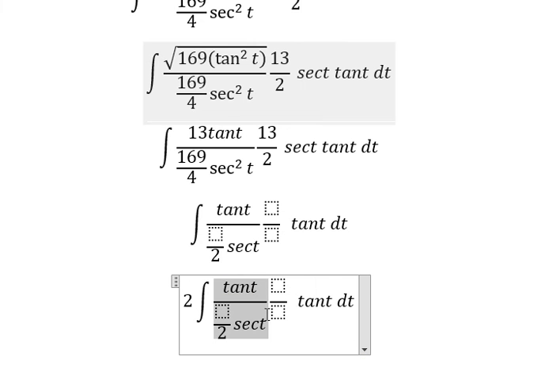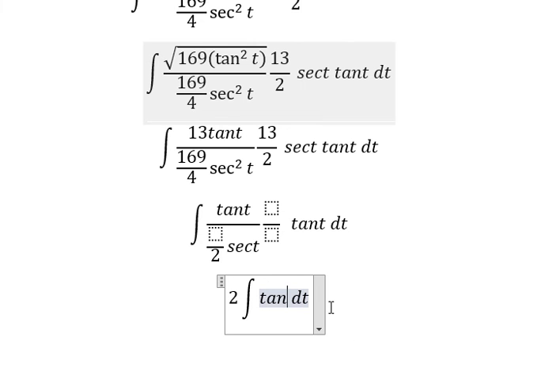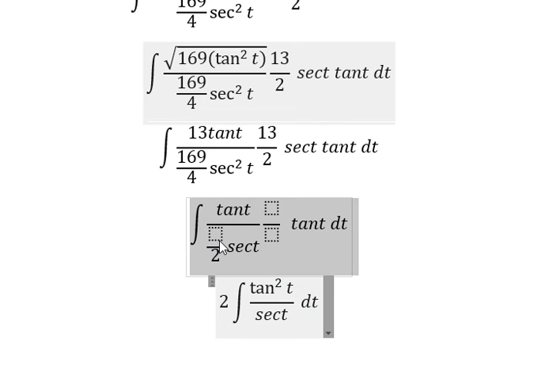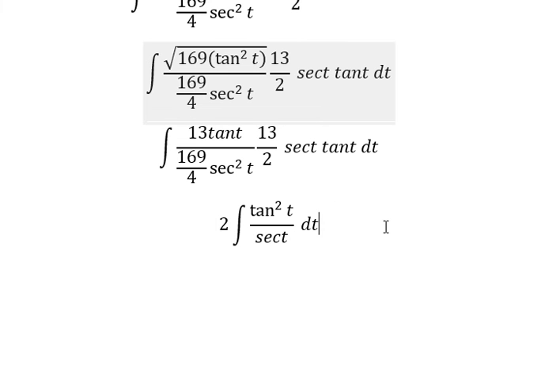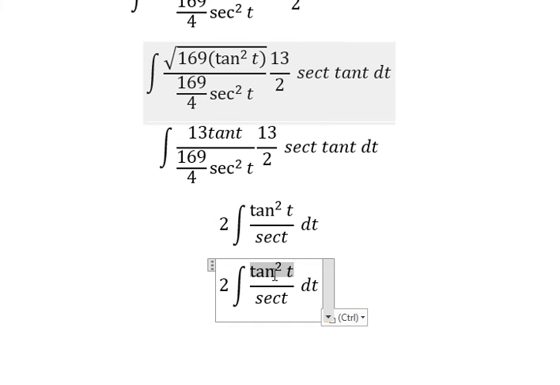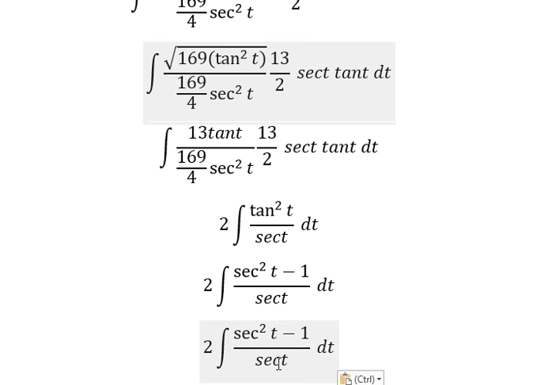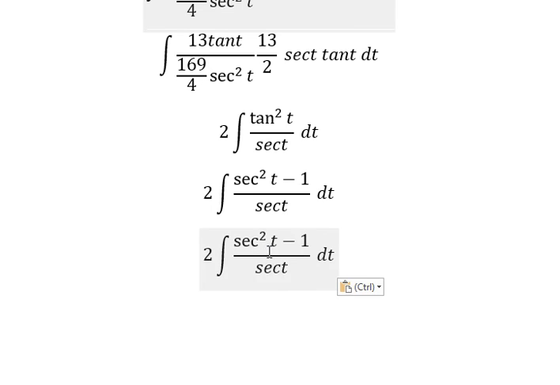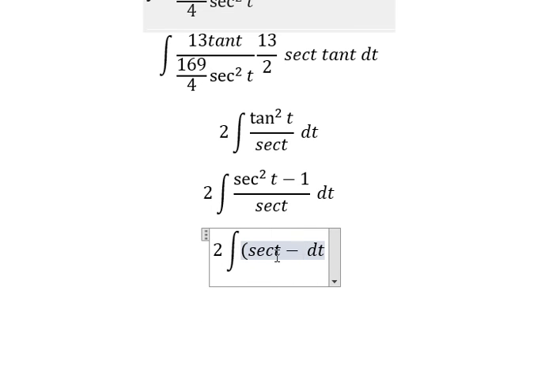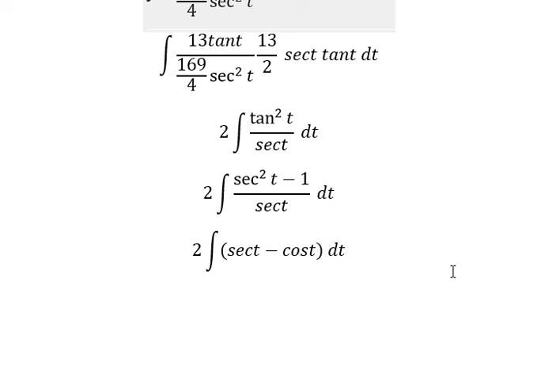Tan t with tan t, you get tan t squared over secant of t. Now, tan t squared we can change into secant of t squared minus 1. So secant of t squared divided by secant of t, you get secant of t. 1 divided by secant of t, you get cosine t. And now we have the final answer.